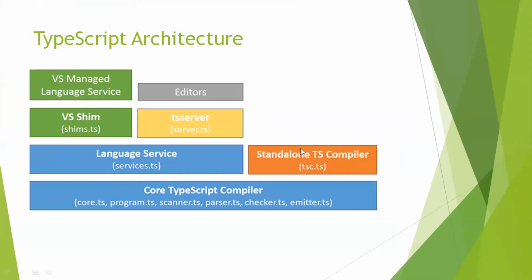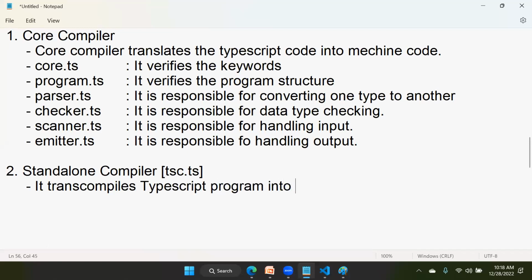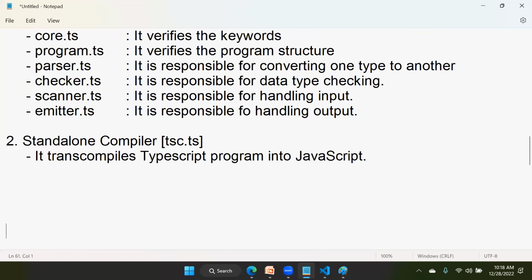So the standalone compiler, tsc.ts, that is the file. And what is the purpose of the standalone compiler? It transcompiles a TypeScript program into JavaScript. That means whatever TypeScript program you have written is translated into JavaScript.